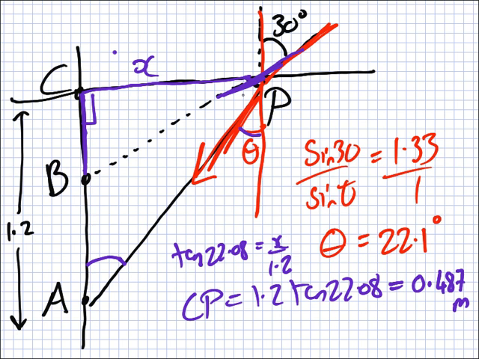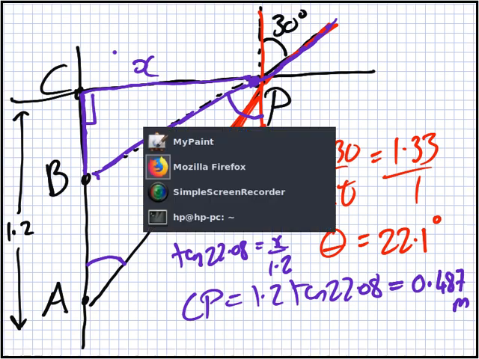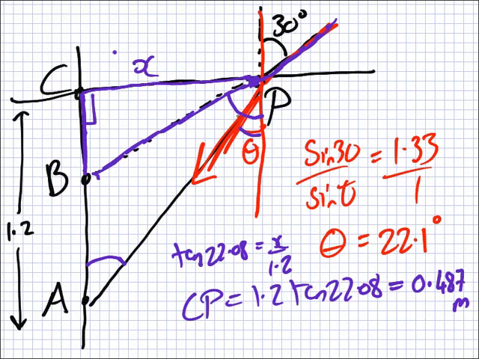I know it doesn't look like it on my picture, but it is straight, so that one is 30. And that's 60, and that's 30.